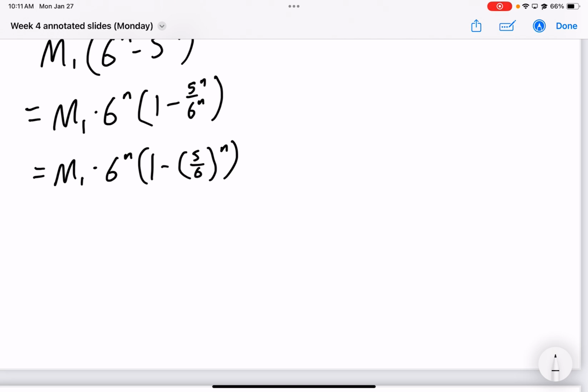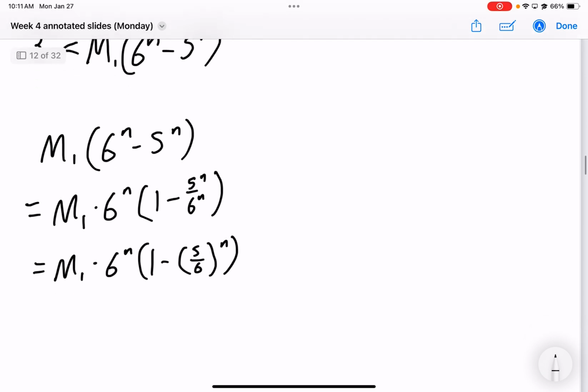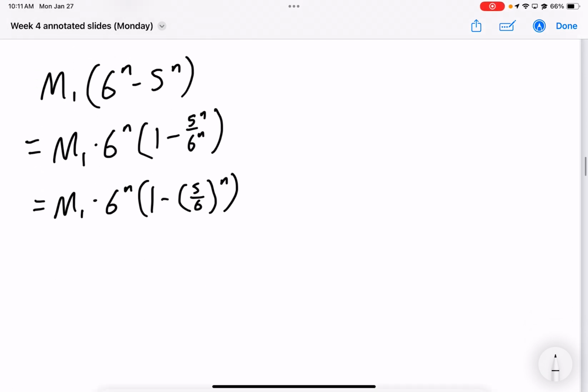And then since we also subtracted, the inequality sign flips again. And our result is that this is greater than m1 times 6 to the n times 1 minus 5 over 6.